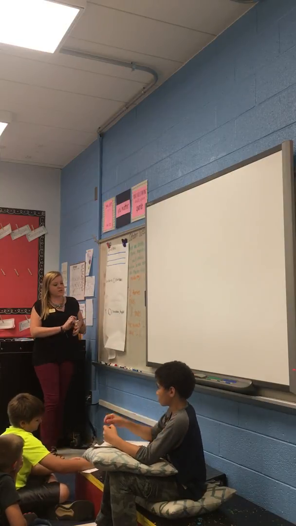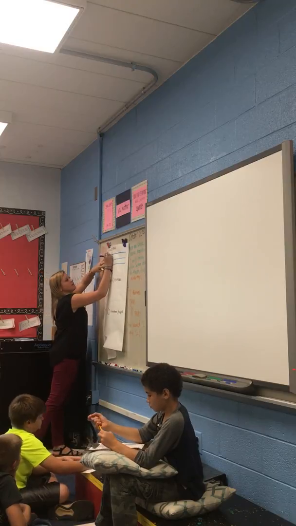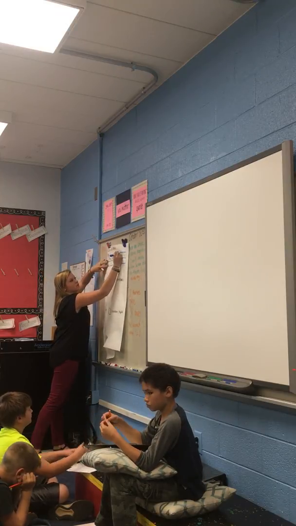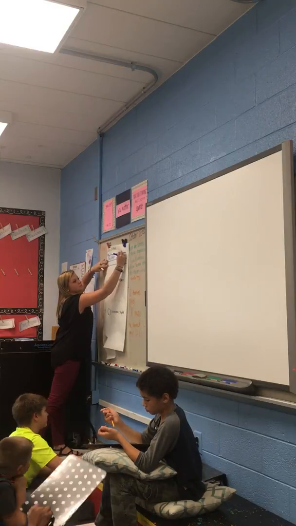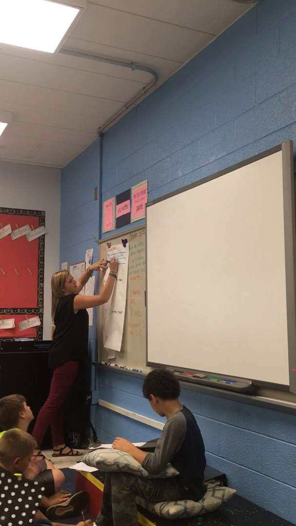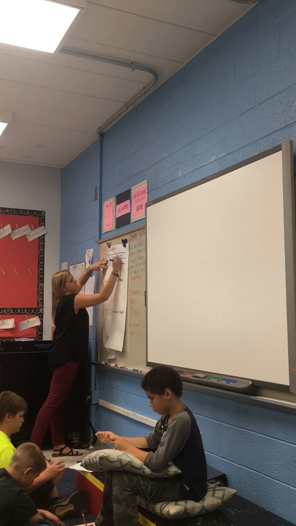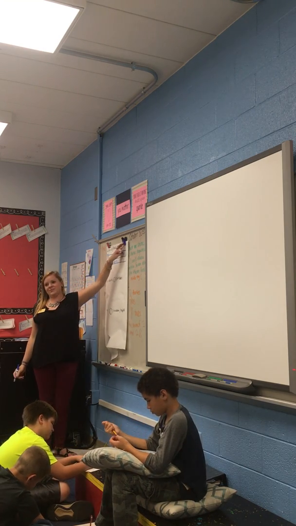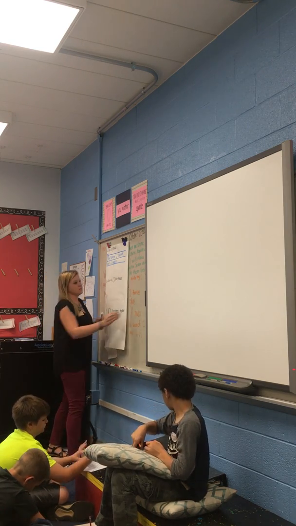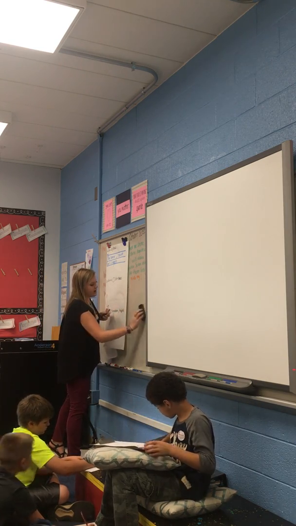So, let's write it. The sum of 2 30s and 2 8s. How do we spell 8? E-I-G-H-T. All right, we got it?